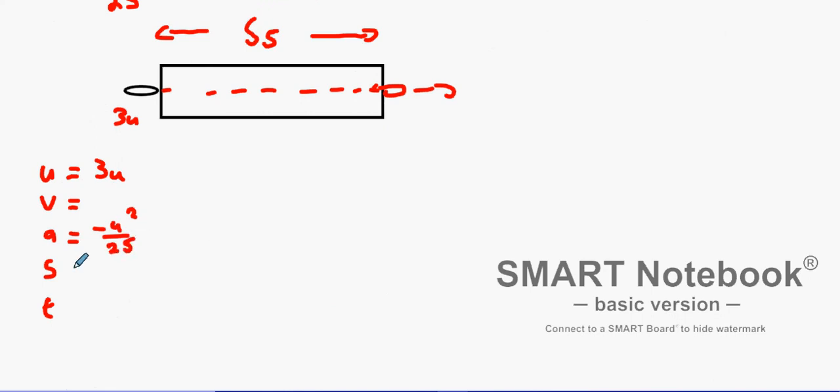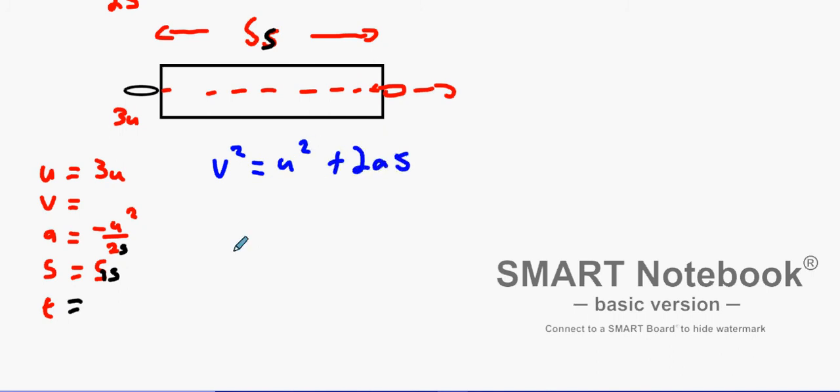The distance is 5s. When you're doing 5s and s's together, it's really advisable to keep the numbers much bigger than the letters, so it's really obvious which one's the 5 and which one's the s. And the time we will be looking for, but I might not get that initially. So let's go for v squared equals u squared plus 2as.